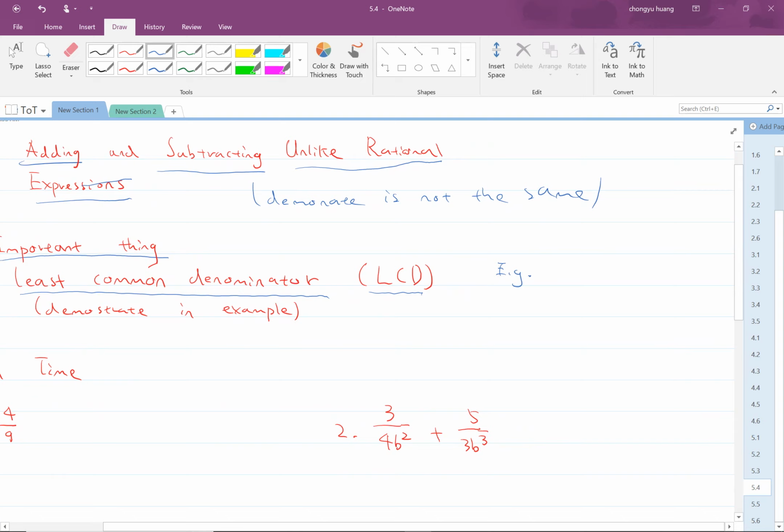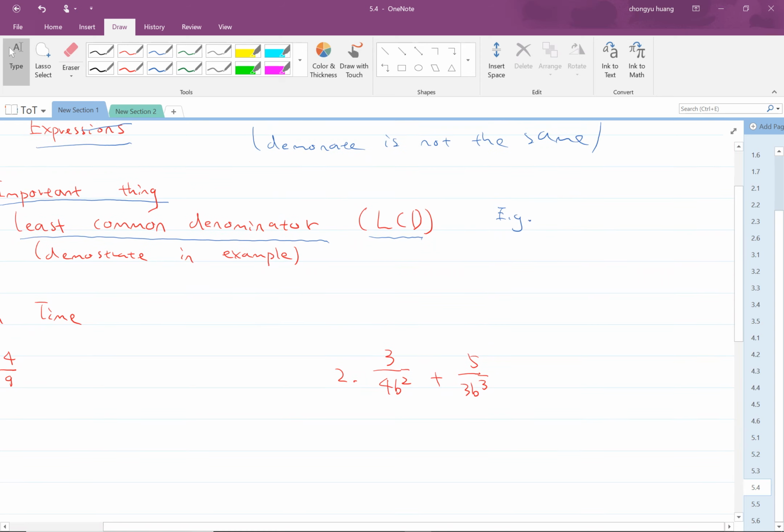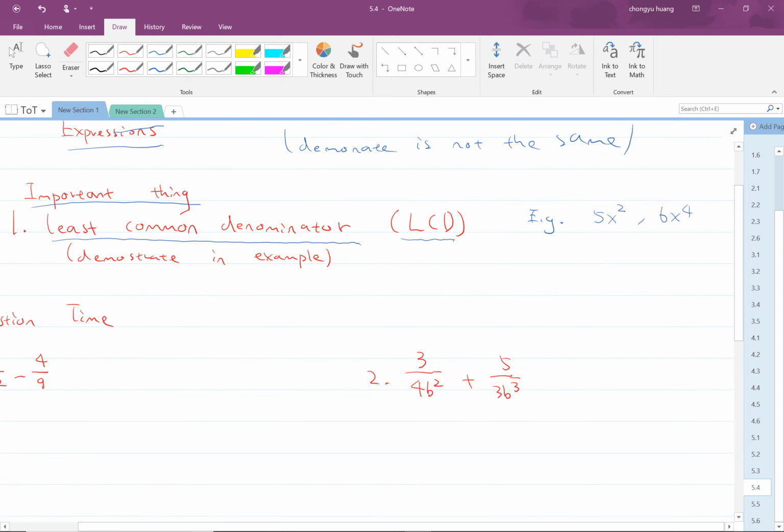So I'm just gonna make something up. We have something like 5x squared, and another one, maybe 6x to the power 4th. Usually, to find the least common denominator, we need at least two terms.